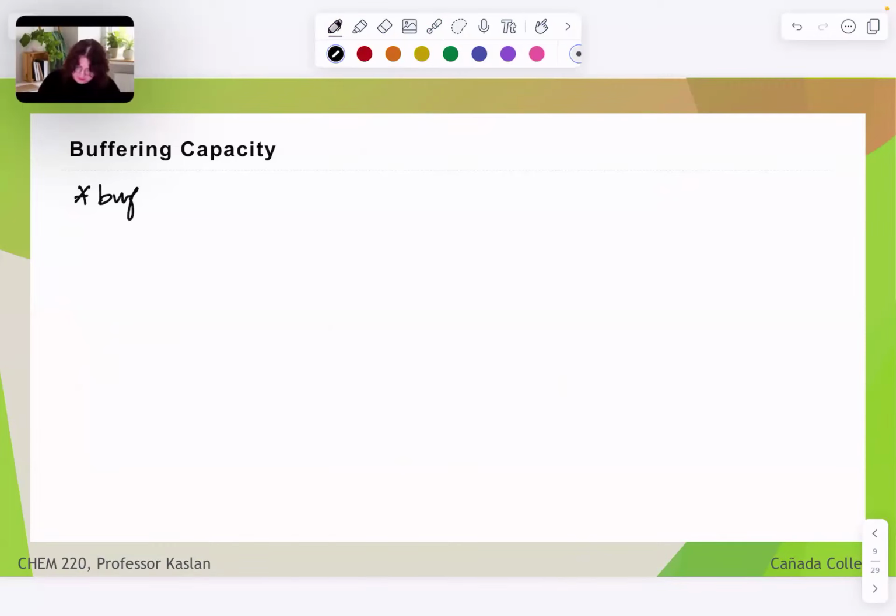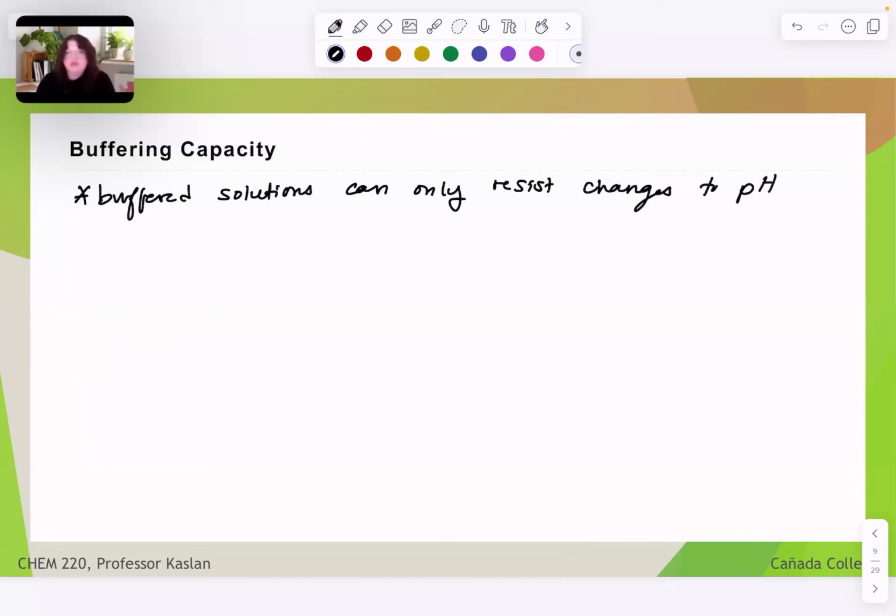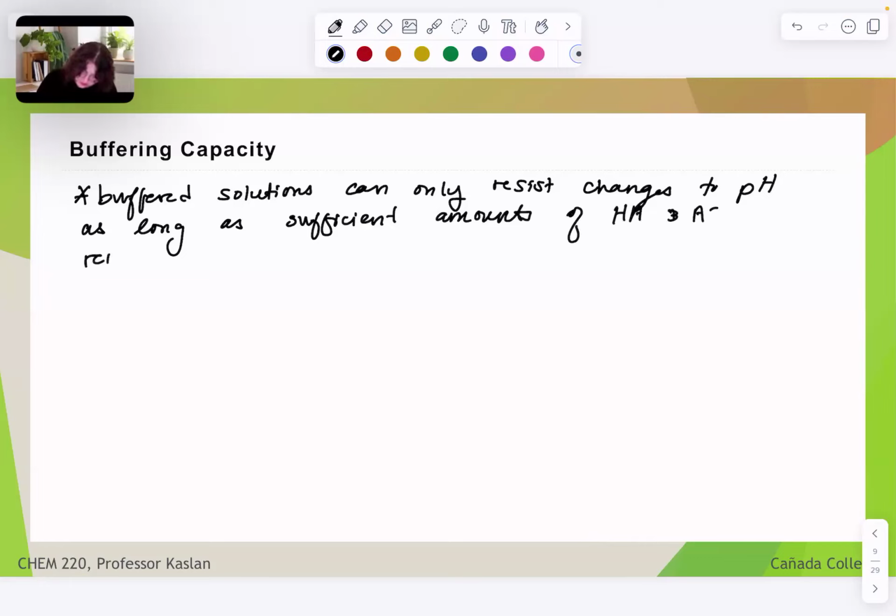So buffered solutions can only resist changes to pH as long as sufficient amounts of HA and A minus remain in solution.